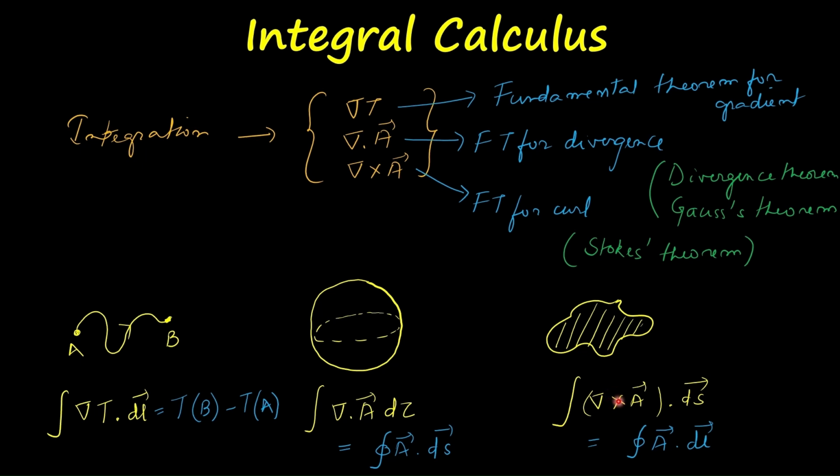In the third example, the surface integral is performed for the curl of A inside here, but the outcome depends on the boundary. So you can see in all the three examples that the integration is performed inside the domain, but the outcome depends only on the boundary. So this is a common factor in all the three fundamental theorems.